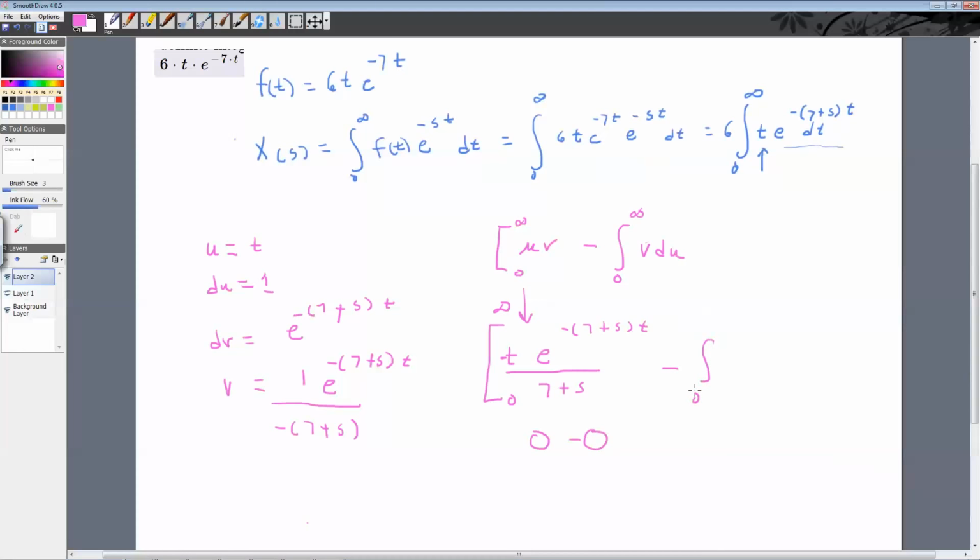Minus, and where are we? du is 1. v is e to the minus, and I'm going to switch this, I mean set s plus 7 t, divided by minus s plus 7.